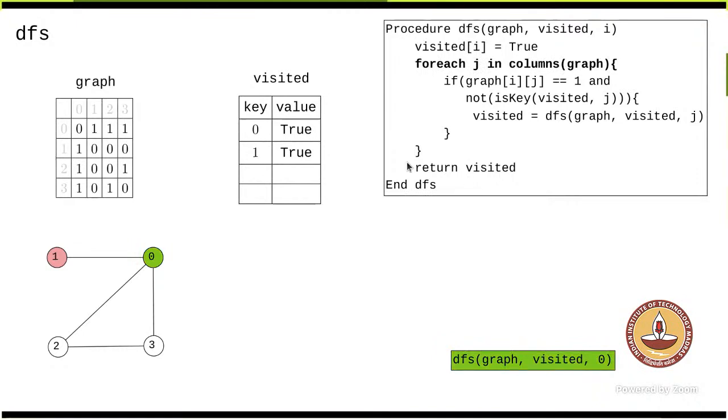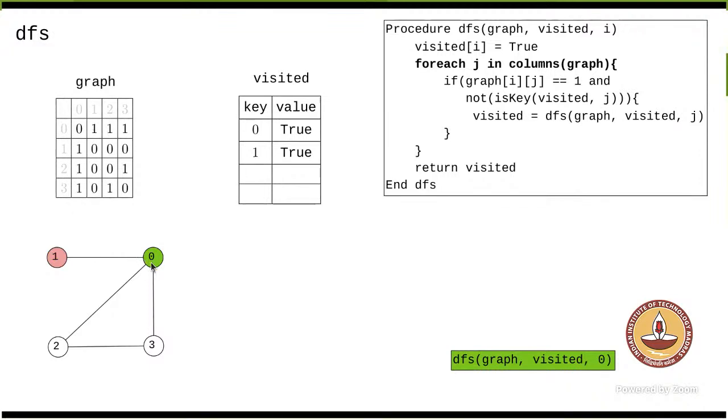In which column were we? Can you tell me which row and which column we are in currently? 0 and 1. Now we go to 0 2. Correct, right? We were in 0 1, and it was from there that we had called DFS graph visited 1. So now we'll go to column 2.